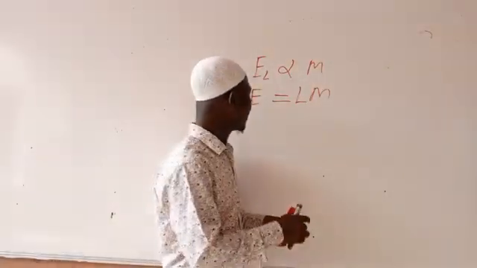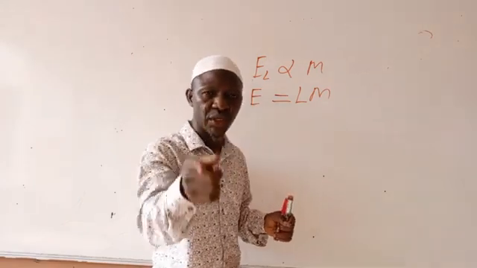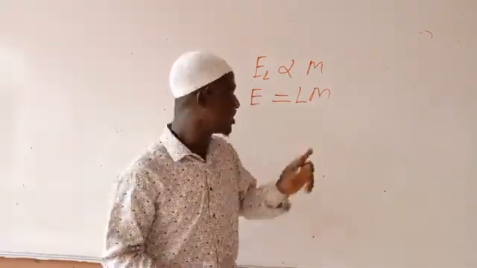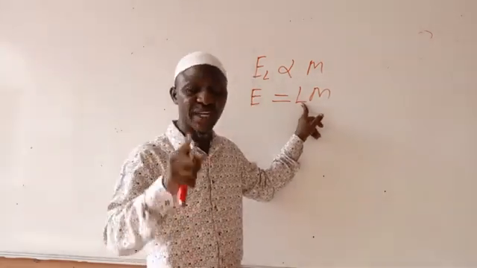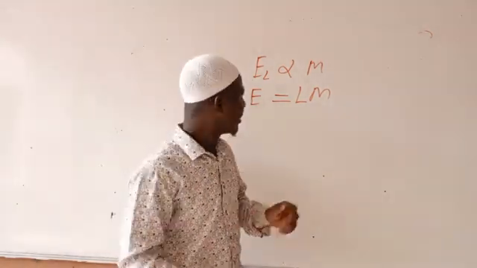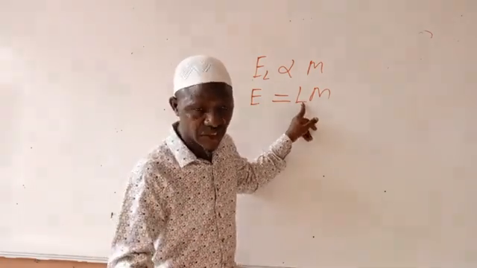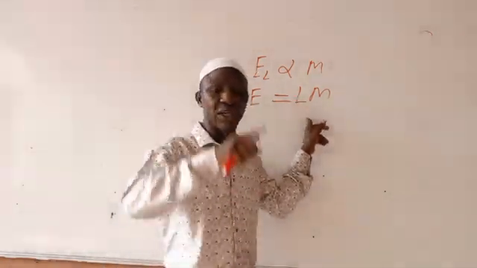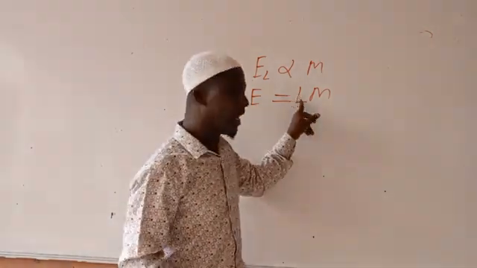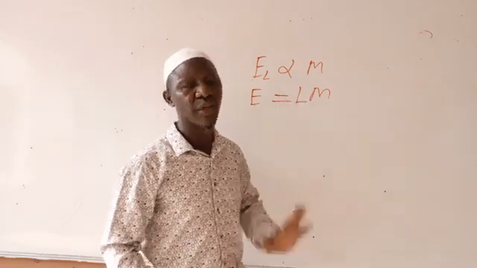When you are calculating, it depends on the stage. Is it from solid to liquid? If so, this L will stand for specific latent heat of fusion. But if it's from liquid to gas, this L will stand for specific latent heat of vaporization. But if it is solid directly to gas, this L will be specific latent heat of sublimation.